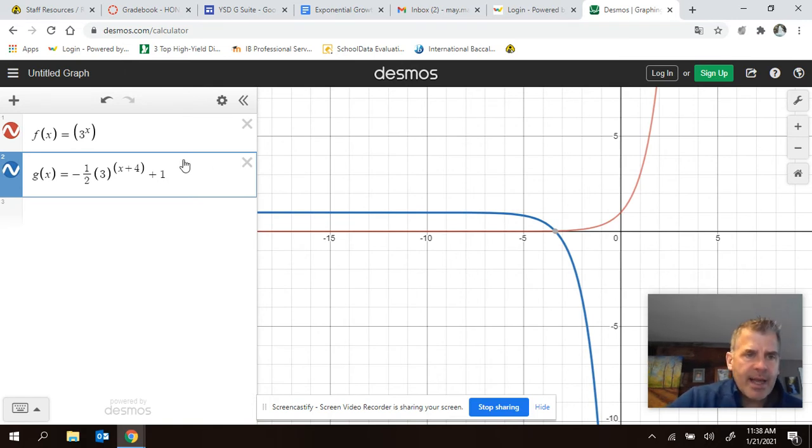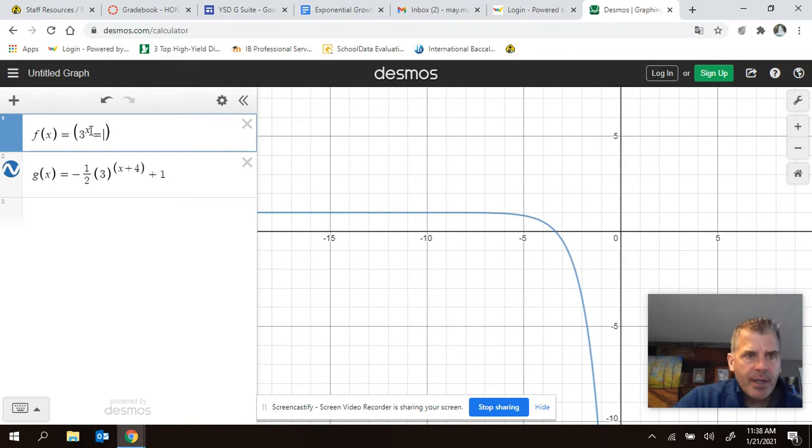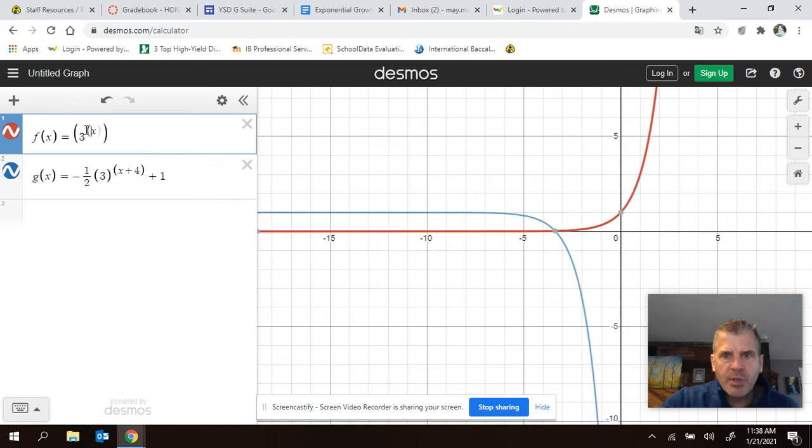Now, a way to check if it actually slid left and up is you can go to the original function here and put in, what is this? Oh, it's not going to let me do that. So I've got to go plus 4. No, it's still not letting me do that. I'll just throw parentheses around it. So if you watch what happens to your original function here when we put in plus 4, we can see that indeed it's been moved left 4 places.